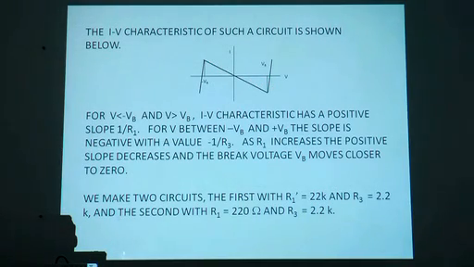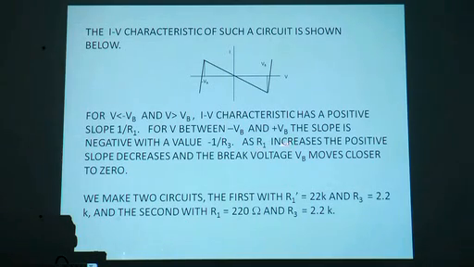It has a negative resistance. The slope of the positive part of the curve has the value 1 by R1. It is determined by the resistance R1. Between minus VB and plus VB, the slope is negative with a value minus 1 by R3.